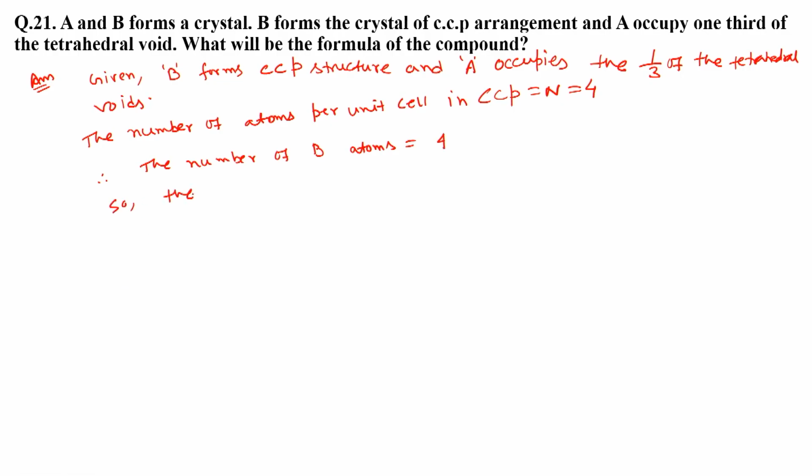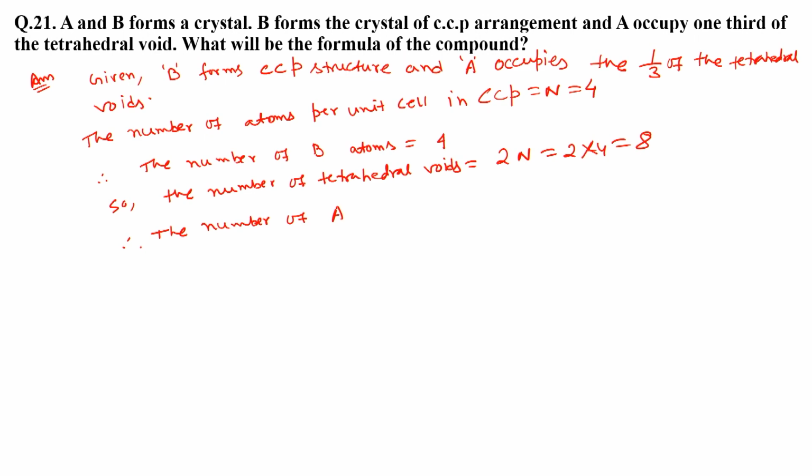So, the number of tetrahedral voids is 2 times n, so 2 times 4, we get 8, right. Therefore, the number of A per unit cell is 8 times 1 by 3. So, we get 8 by 3.